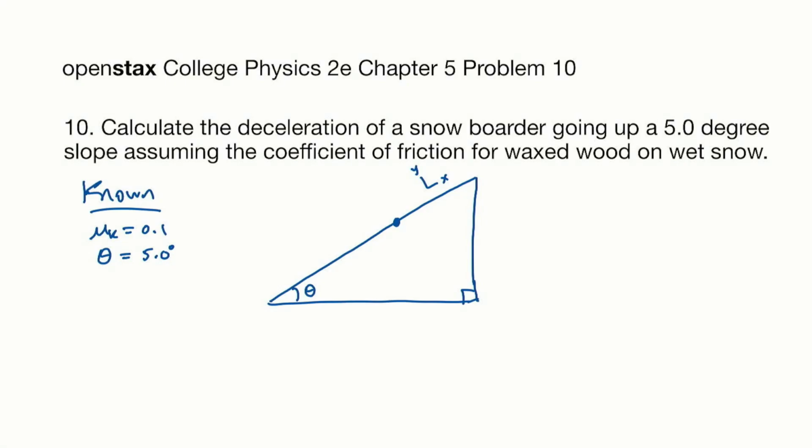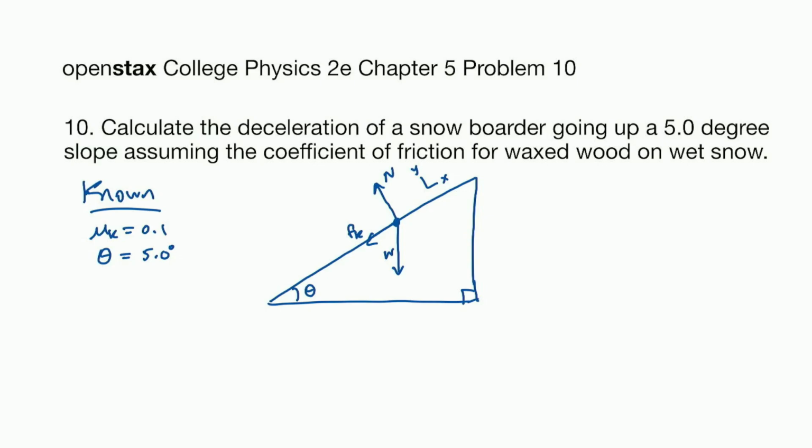Okay, the forces on the snowboarder. The snowboarder's in contact, so normal force perpendicular to the slope. Movement is up the slope, so friction is down the slope. And then there is a weight that is straight down.